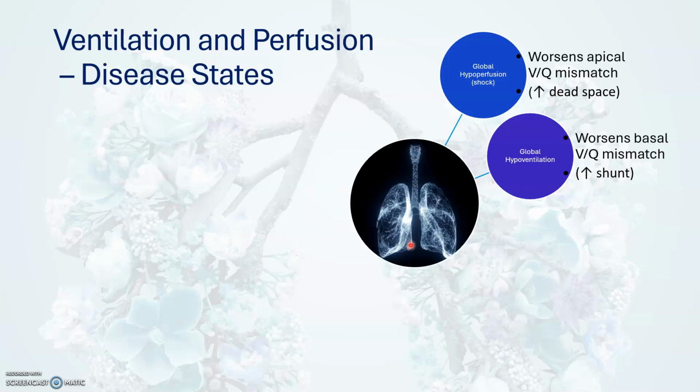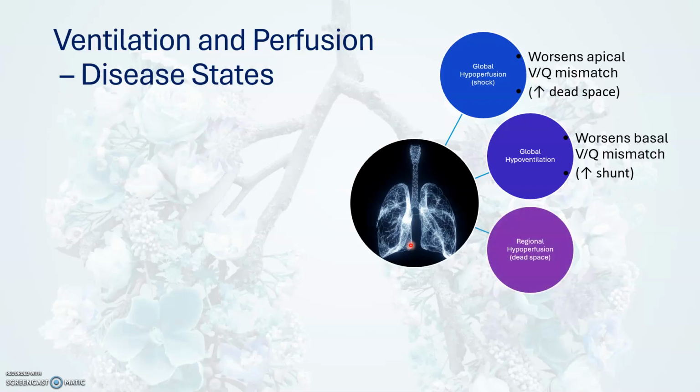So let's think about what happens with regional changes. Global hypoventilation would be a patient with CNS problems that isn't breathing properly, or a patient with neuromuscular problems that can't use all of their ventilatory muscles, or patients who have taken an overdose of a tablet that suppresses ventilation.